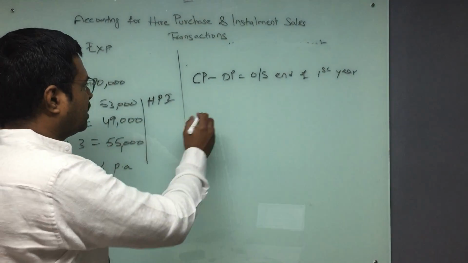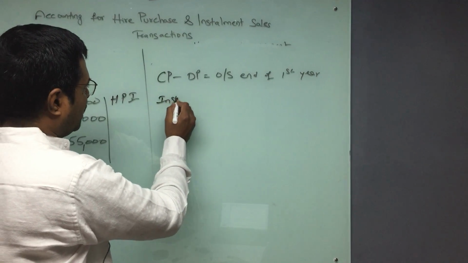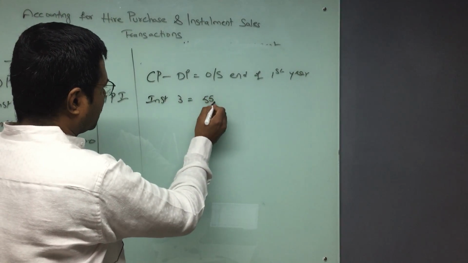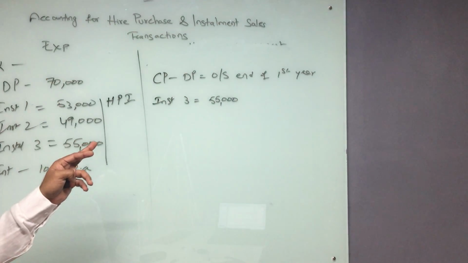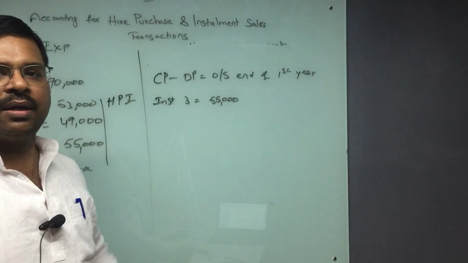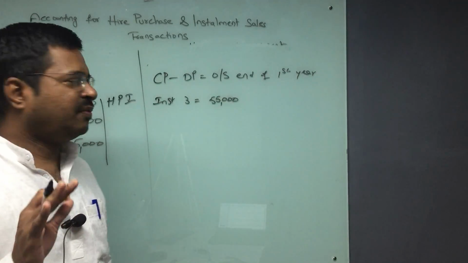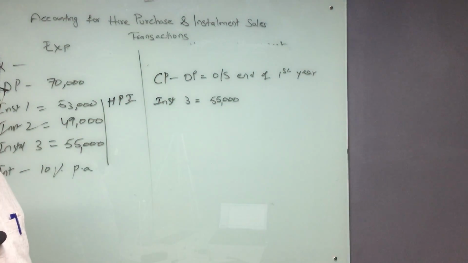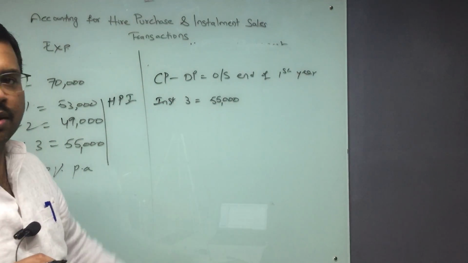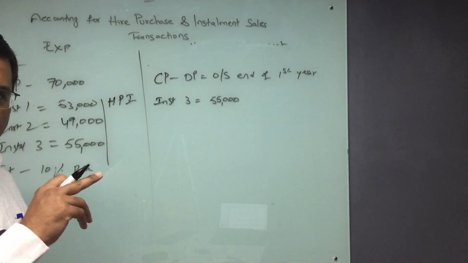So first we have to take installment 3, 55,000. So what this example says is, at the end of third year you are supposed to pay me 55,000 including interest. So what is the interest I have paid for in this 55,000? It includes interest plus cash price.